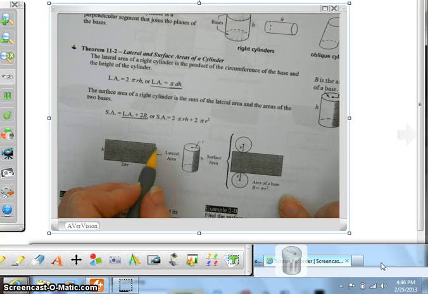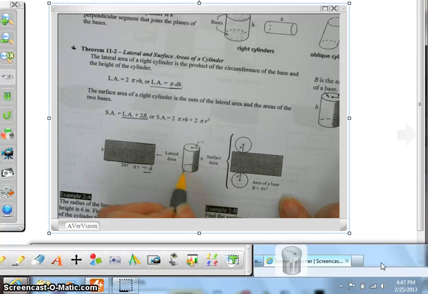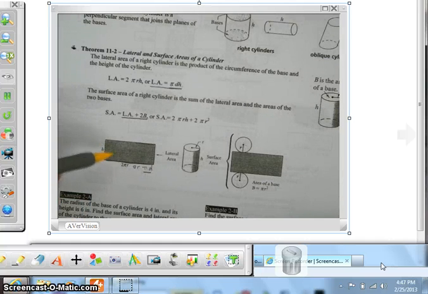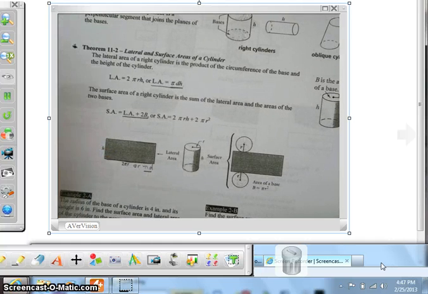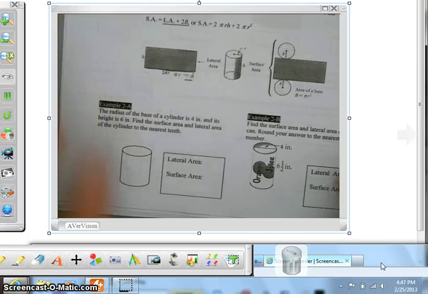Remember, the length is 2 pi r, or pi d, and you'll recall that that is the circumference of the circle. So you can wrap your lateral area around the circle, and that's how you form that cylinder.